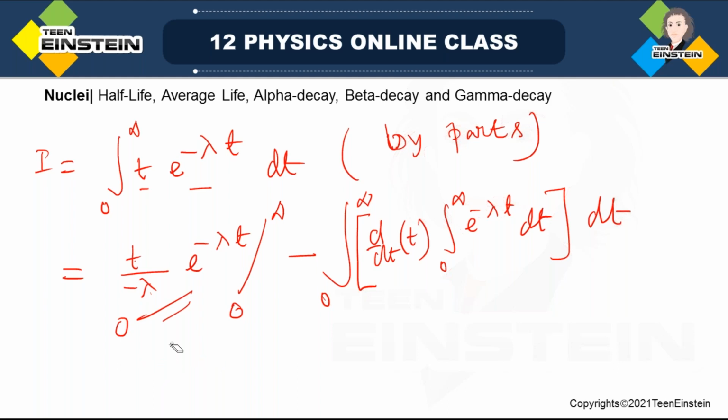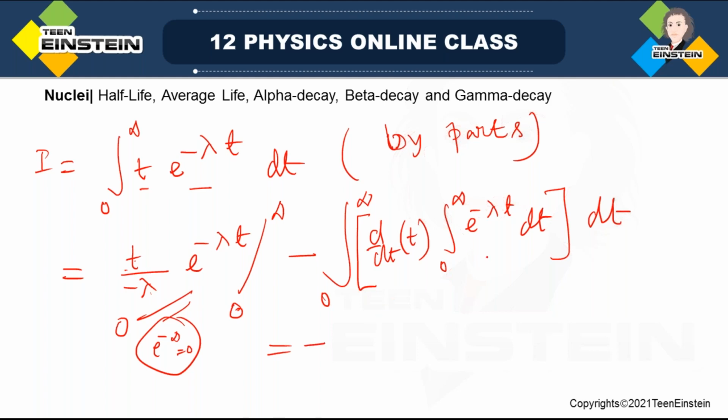I hope you have understood why I'm striking this out as 0. With the upper limit, t e to the power minus infinity is actually 0. And with the lower limit, t is equal to 0, and 0 multiplied by anything is 0. So this term finally gives you 0.